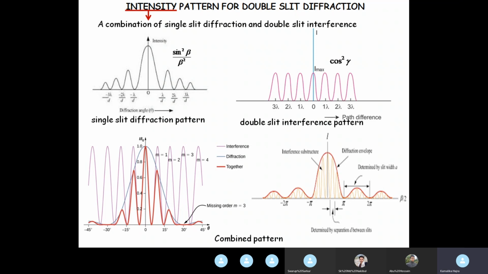But as we discussed in our last class, when we go to the higher order maxima in case of diffraction, remember, the intensity reduces drastically.